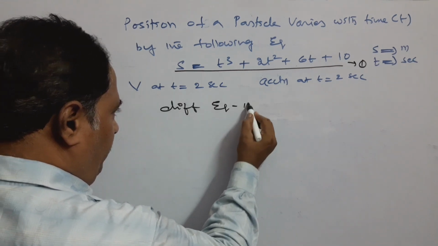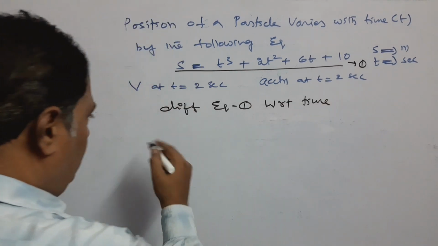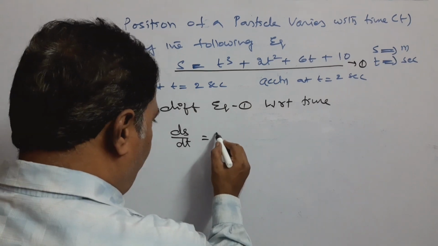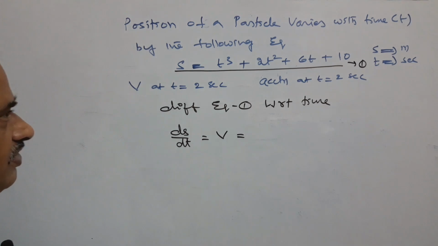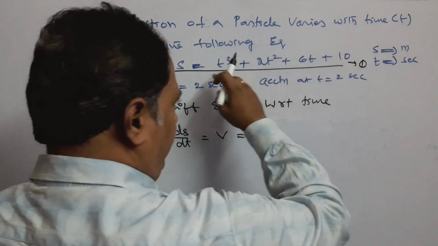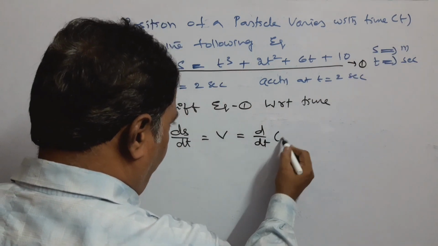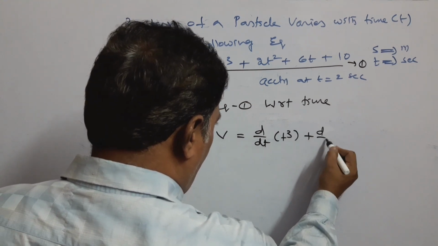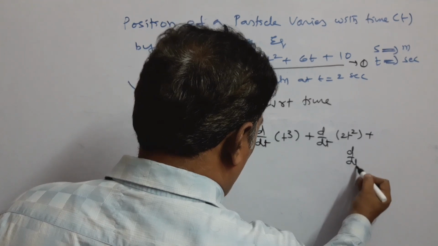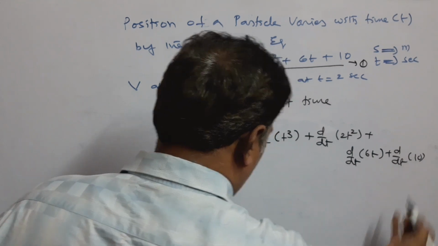Differentiate equation 1 with respect to time. Then you can write ds by dt, which is velocity v. Here the expression is in the form of u plus v plus w, so differentiate individually: d by dt of t cube plus d by dt of 2t square plus d by dt of 6t plus d by dt of 10.